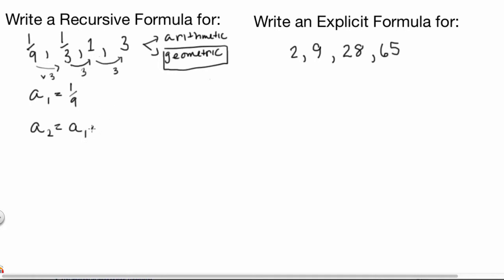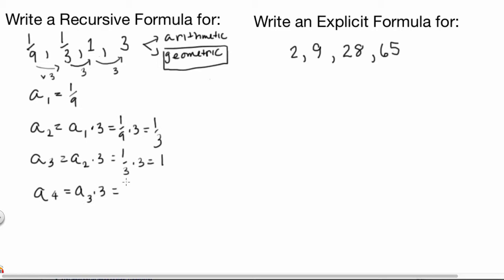So we say A1, how do we get to the next one? Times 3. So 1/9 times 3 is 1/3. Then A3 is 1/3 times 3, and that's going to be 1. So far so good. And A4 is A3 times 3, 1 times 3, and it's 3.